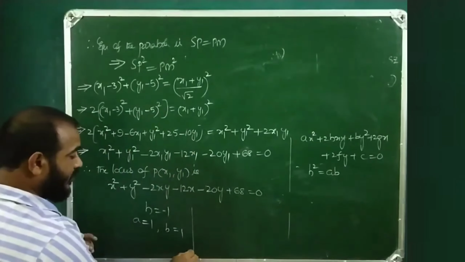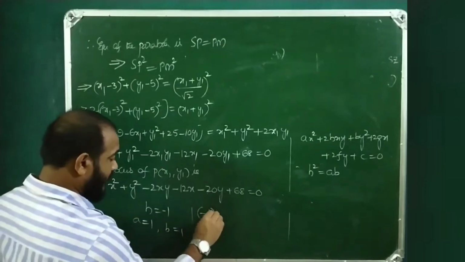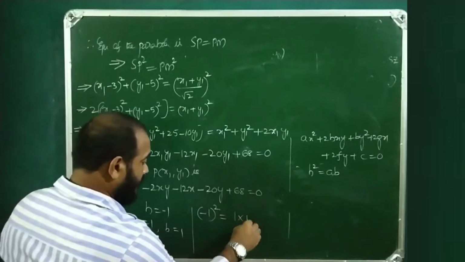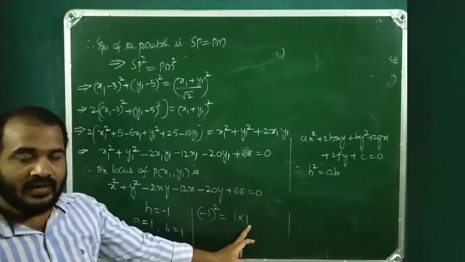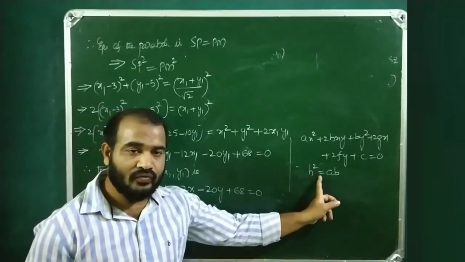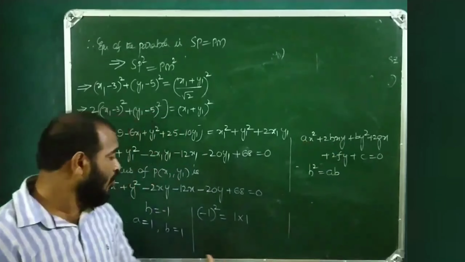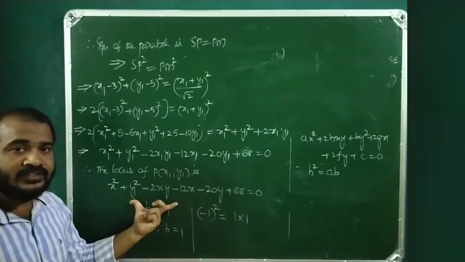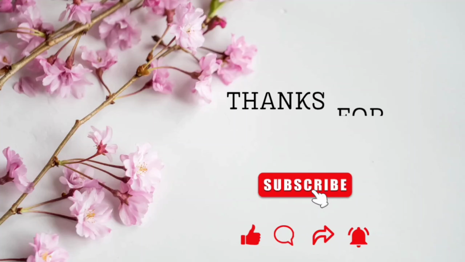Now h square equals ab: yes, minus 1 whole square equals 1 into 1, so 1 equals 1. Therefore this condition is satisfied. Therefore the second degree non-homogeneous equation represents the parabola.